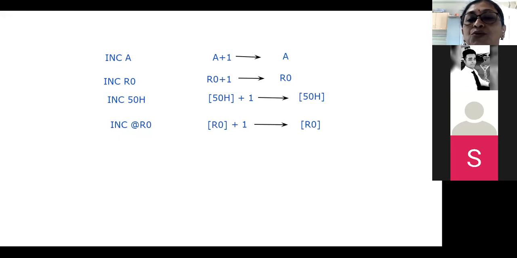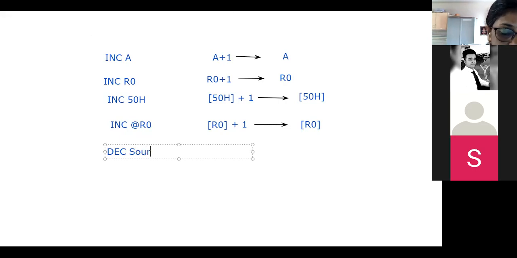Are you clear about this, students? Yes, ma'am. Similarly, the decrement instruction will also function. How are we going to write a decrement? We are going to write it as DEC, and the source specified in the operand field will be decremented by 1.